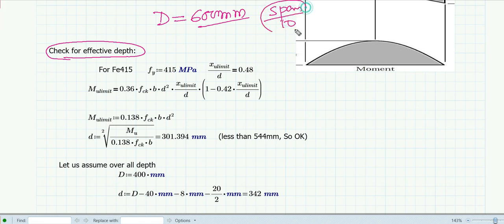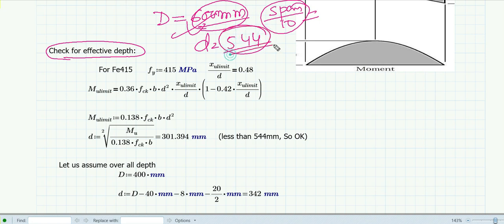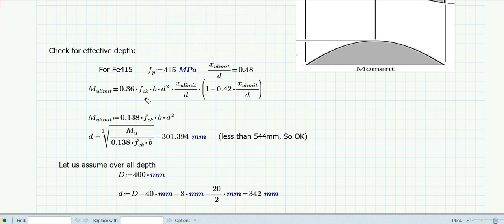Now the thing is whether this depth is okay, because we have got an effective depth of 544 mm, right? So whether it is sufficient to take care of the moment. So you have to check the effective depth. Now let's see the check for effective depth.